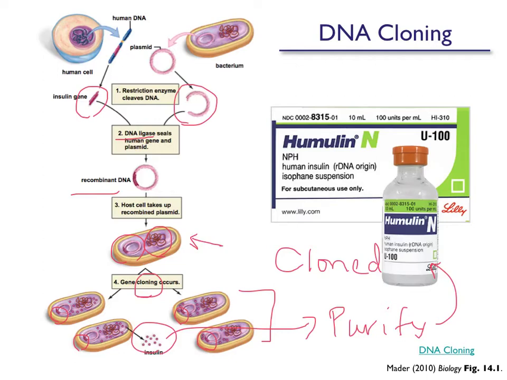So this method of recombinant DNA technology allows us to recombine pieces of DNA from different organisms and then induce bacteria to make that protein.